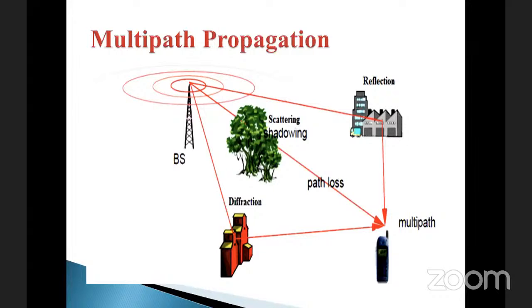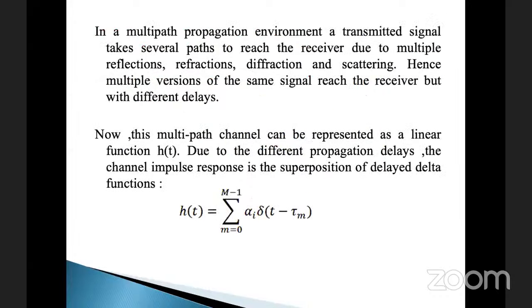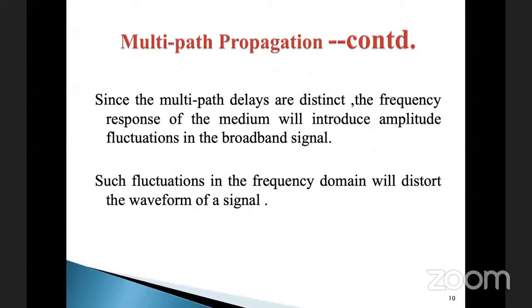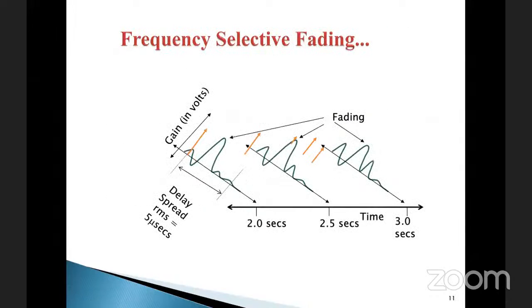We know what wireless communication is. We receive signals through multipath communications. I am giving an equation for my multipath communication, as each path comes with a different amplitude and different delay. So alpha i and tau i are the amplitudes and delays of my multipath communication. This multipath communication will distort the waveform of a given signal.